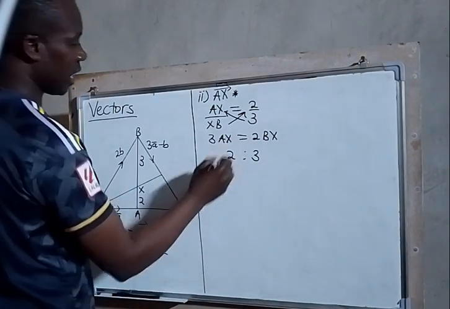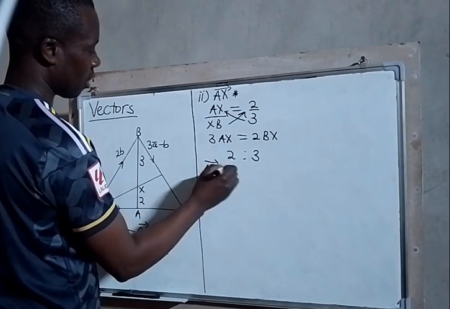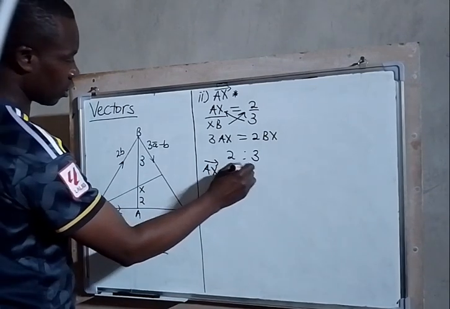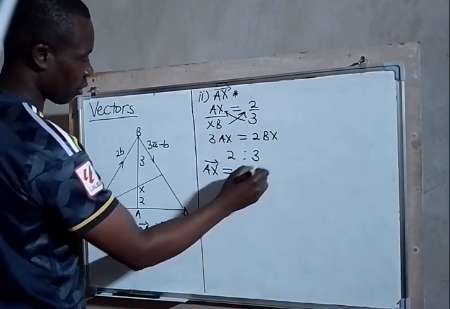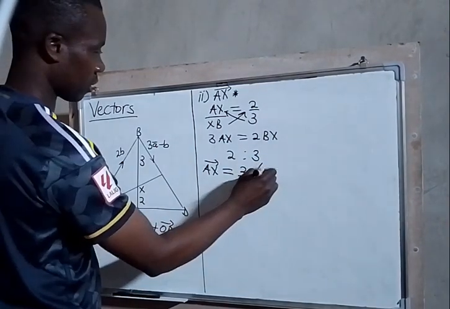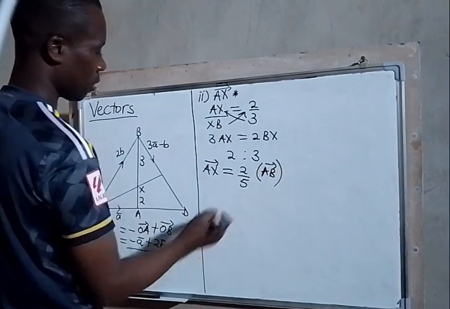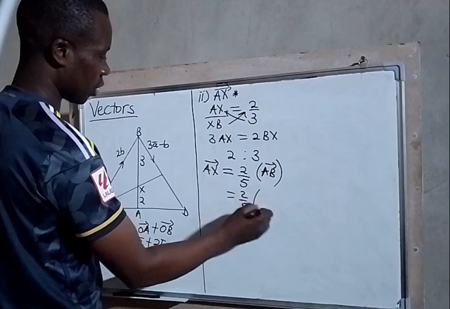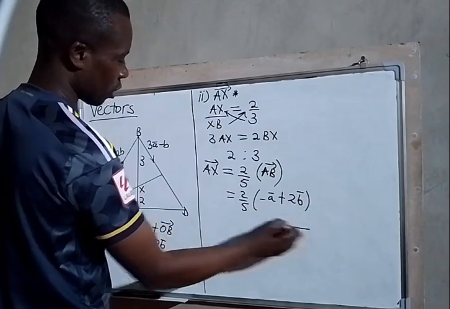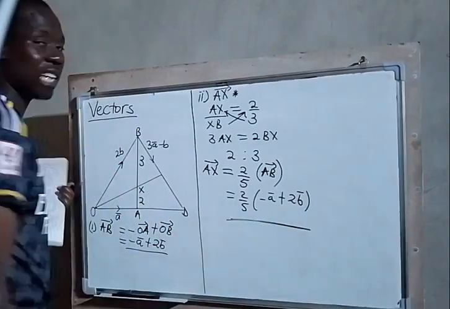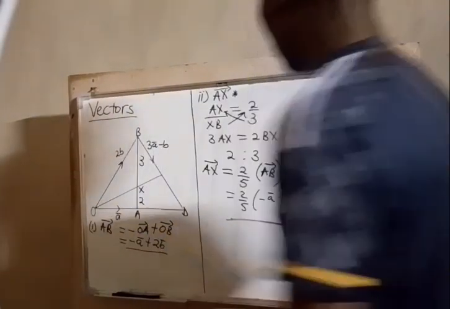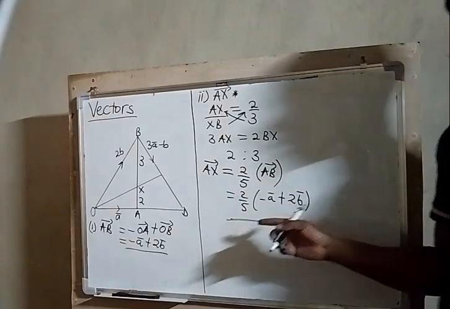So to get vector AX, we say 2 over the total ratio, that's 5, of vector AB. And we've calculated the vector AB as minus vector A plus 2 vector B. So that's now our vector AX.